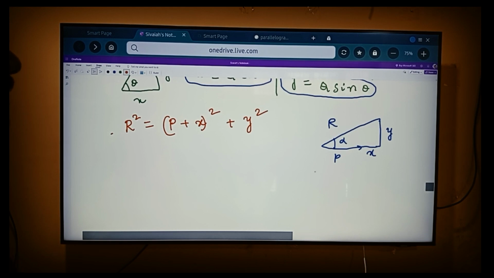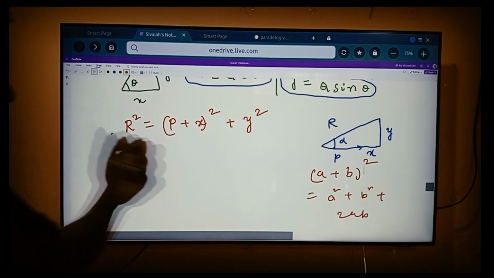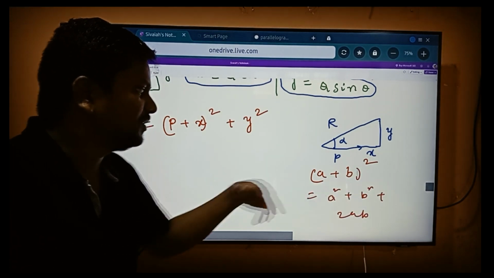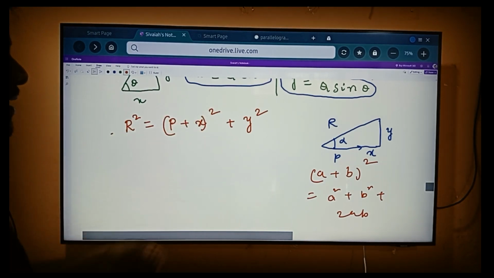So now you can take R square equal to (P plus x) whole square plus y square. You know the (a plus b) whole square formula. What is the (a plus b) whole square formula? That is nothing but a square plus b square plus 2ab. So here (P plus x) whole square is there, same thing we can elaborate.